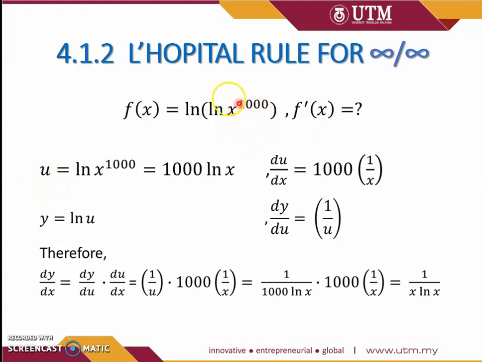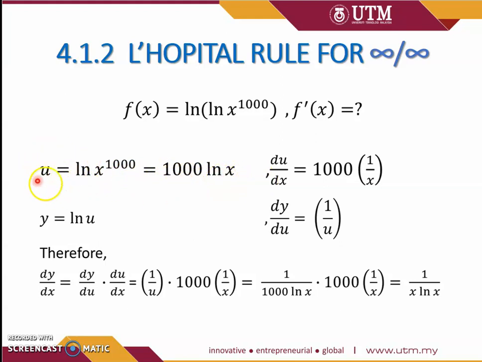So we substitute ln x^1000 with u. ln x^1000 here, we can change to 1000 ln x, where we bring the degree of the x in front. This is the property for the ln. So ln x^1000 is equivalent to 1000 ln x.